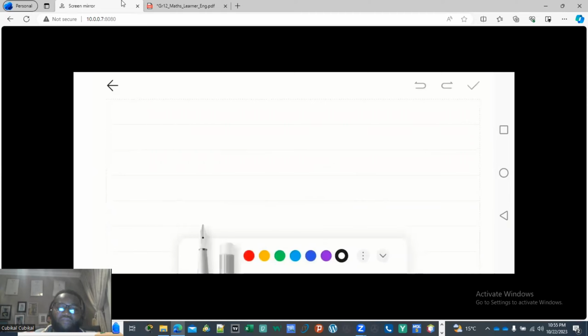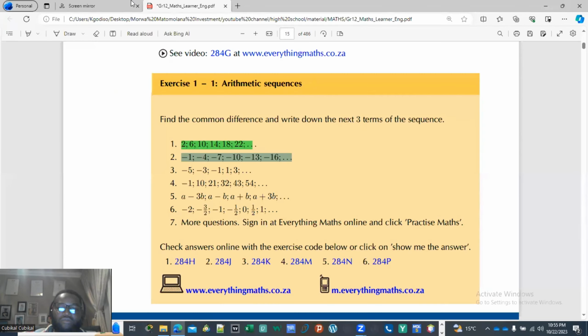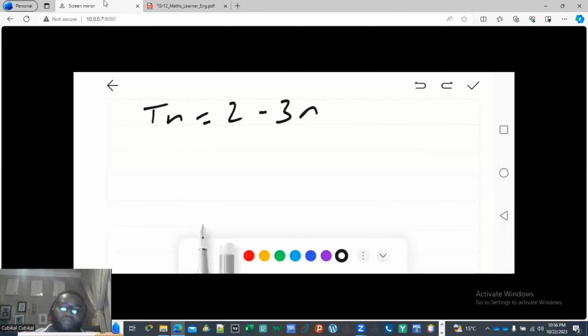Then when we go back to the question, you'll realize that we had Tn equals 2 minus 3n. So now, when you go back to that question, you will see that these are the first 6 terms. So we are also looking for T number 7. So what we will do is go back to our calculations, and we're going to be looking for T7.